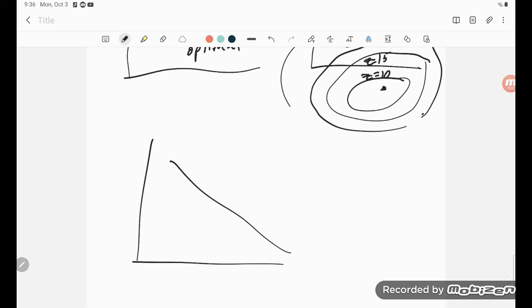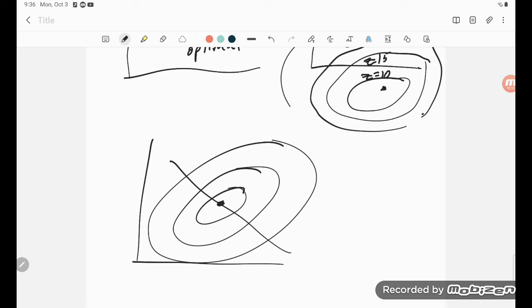But if this is your feasible region, it could be the center of your ellipses is somewhere right in there. In which case, that again would be optimal if we're either minimizing or maximizing, because that's the center. So it can happen.